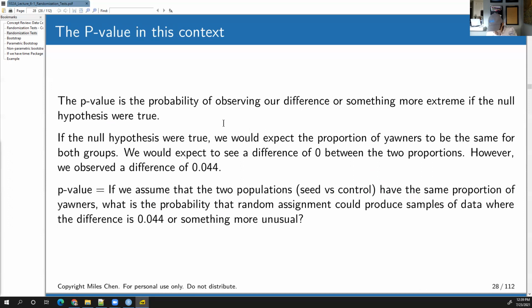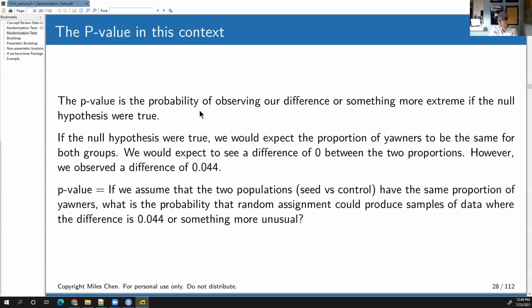So what we're going to do is we're going to try to calculate a p-value. The p-value would be, all right, what's the probability of getting this difference of 4.4 percentage points if the null hypothesis were true? And again, if it were true, when you take two random samples, you would expect the proportion in one random sample to be equal to the proportion in the other random sample. We didn't get exactly equal proportions. We got proportions that were similar, 29 and 25%, but they're not exactly equal, okay?